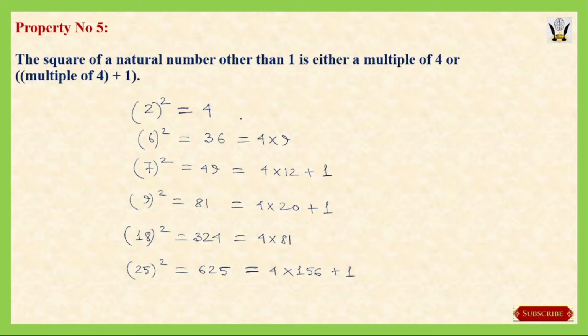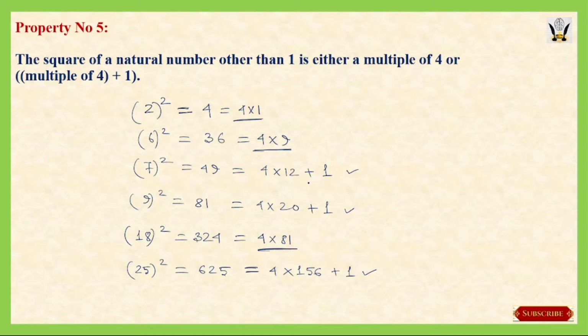So here what we have noticed is the square of any natural number other than 1 is either a multiple of 4, so here it is a multiple of 4, here it is a multiple of 4, then again a multiple of 4, or it is a multiple of 4 plus 1. So all these numbers are multiples of 4 plus 1.